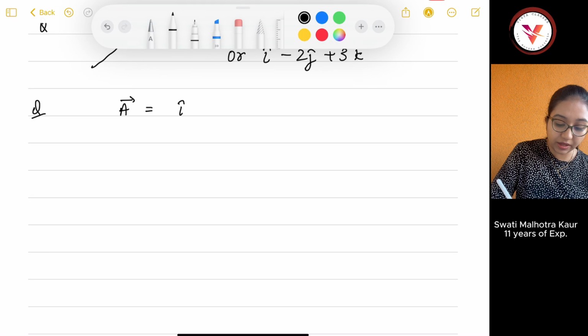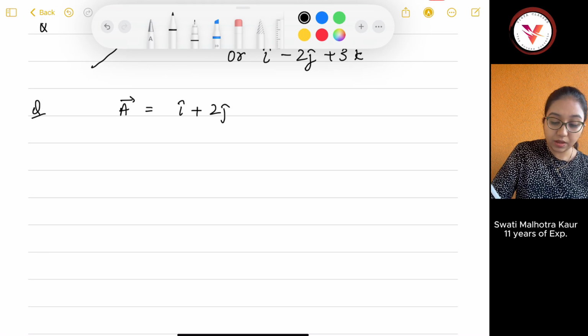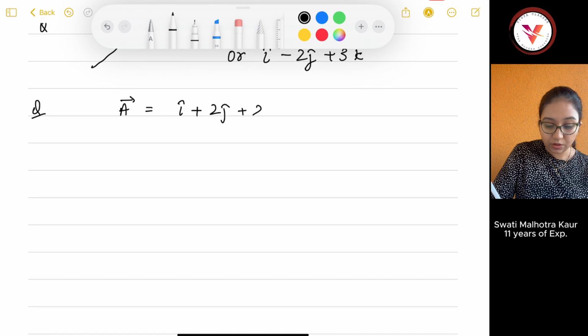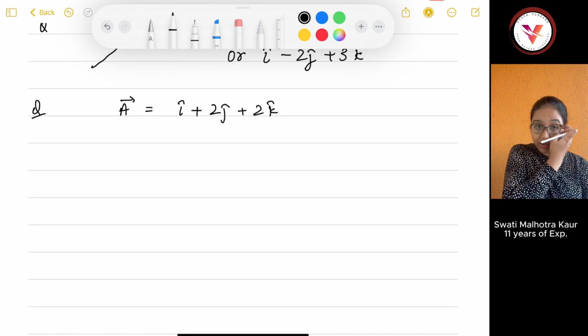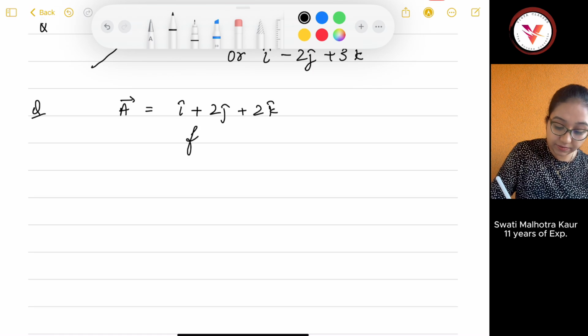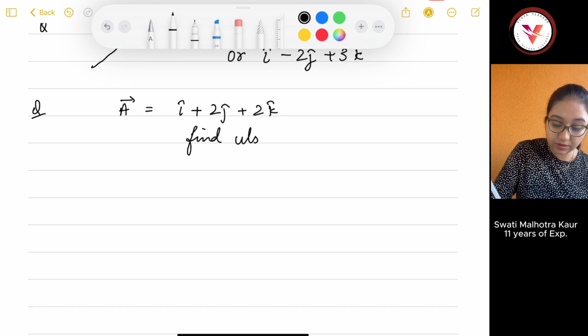Let's say i cap plus 2 j cap plus 2 k cap, and you have to find its unit vector.